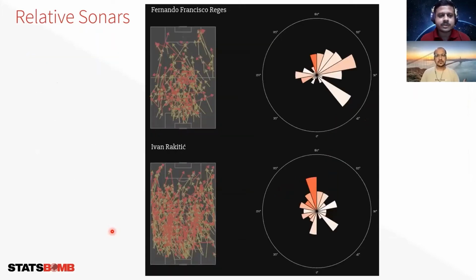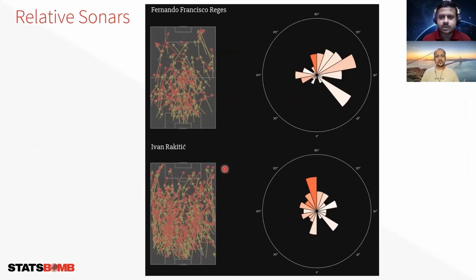Here are a few examples of relative sonars. Here we have two players from Sevilla, Fernando and Ivan Rakitic. On the left, we have the combinations that each of these players have performed. The yellow passes are the first passes that these players receive from someone else in the team, and the red ones are the movements, either pass or a carry, by which they progress the ball upfield or sideways.